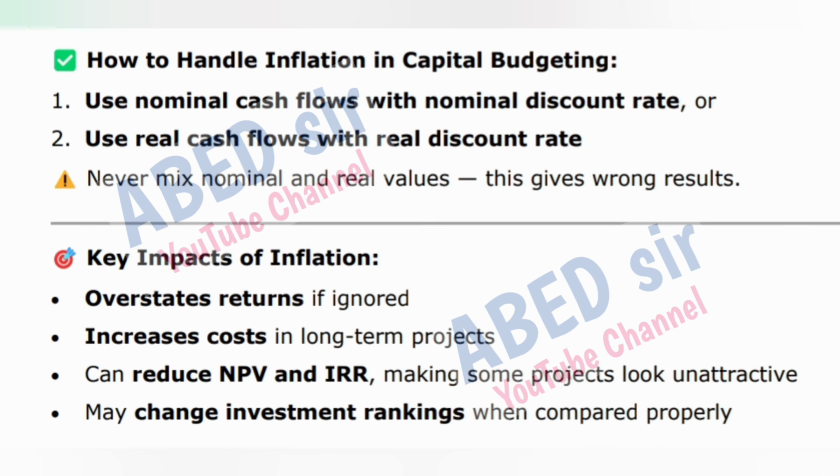How to handle inflation in capital budgeting? 1. Use nominal cash flows with a nominal discount rate, or 2. Use real cash flows with a real discount rate. Never mix nominal and real values, this gives wrong results.